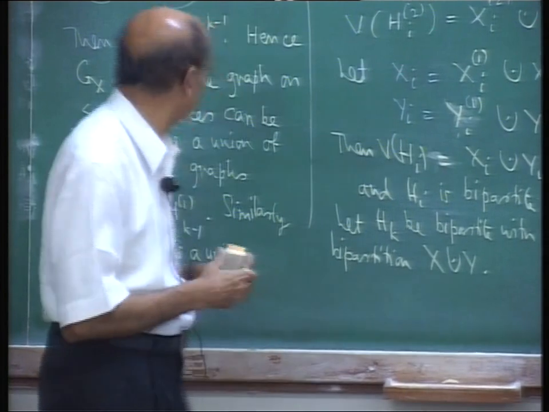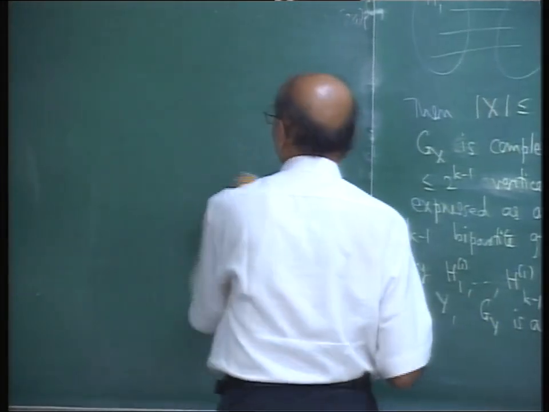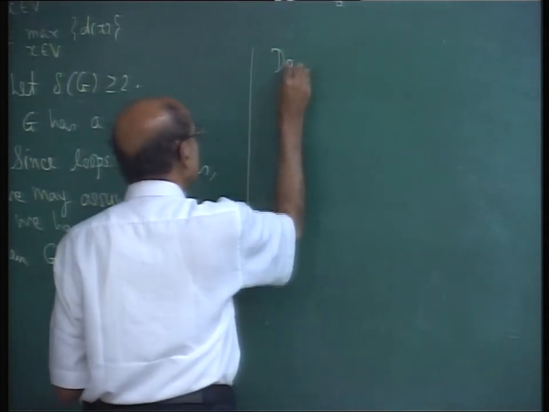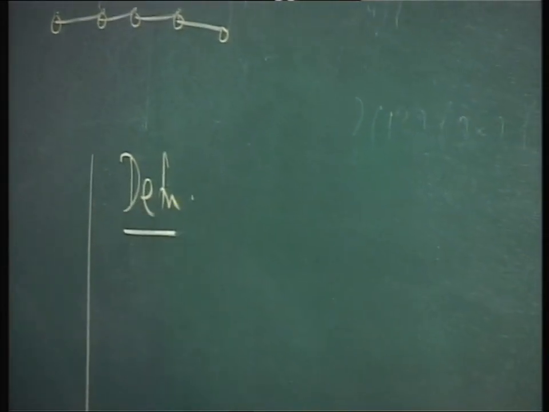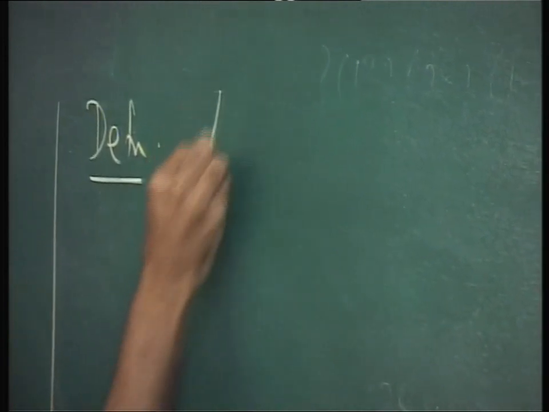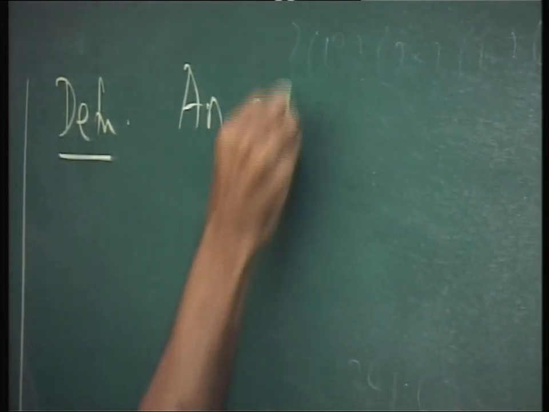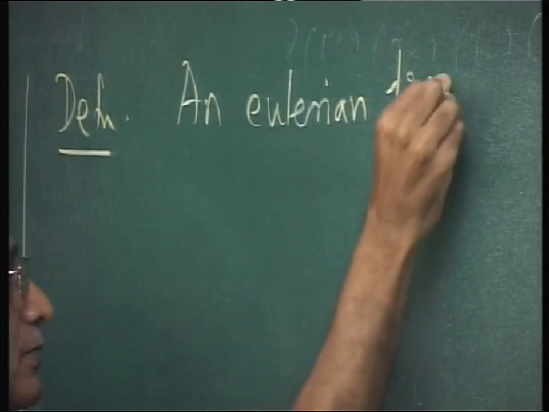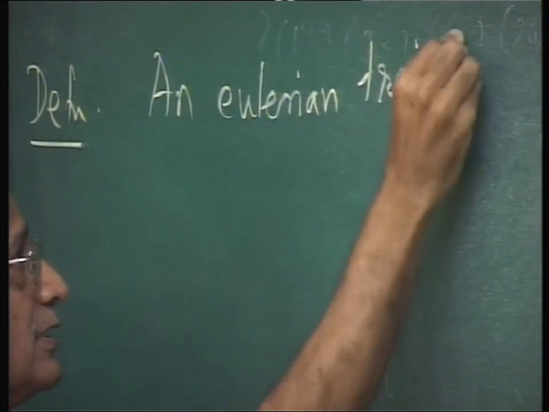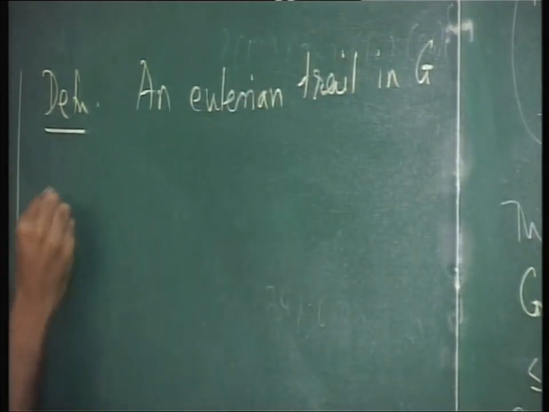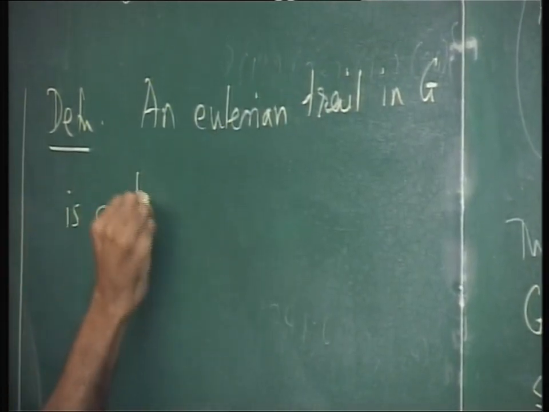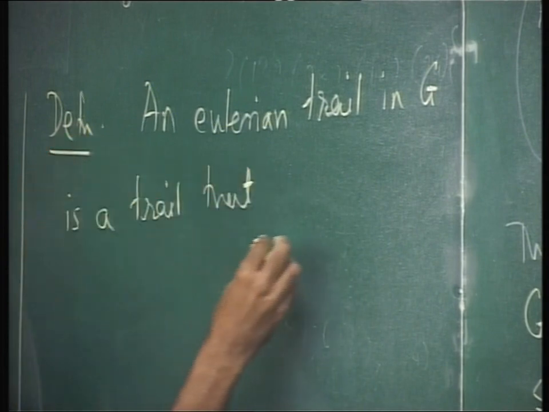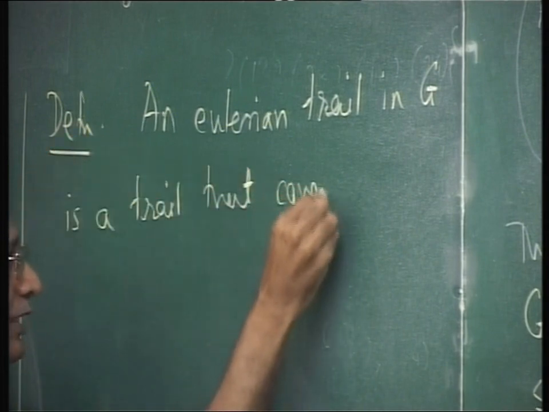Now we have an important definition. An Eulerian trail in G is a trail that covers all the edges.